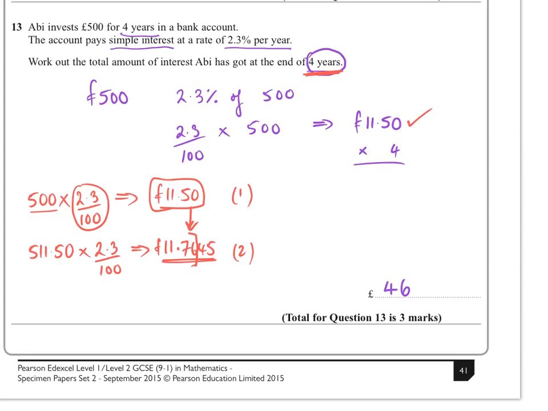So £511.50 plus the new interest, and I'll do that to all the 4 decimal places, 11.7645, and that would be 523.2645, times that by 2.3 over 100, so times by 2.3 divided by 100, and we end up getting £12 and 4p, and that's to the nearest penny now.